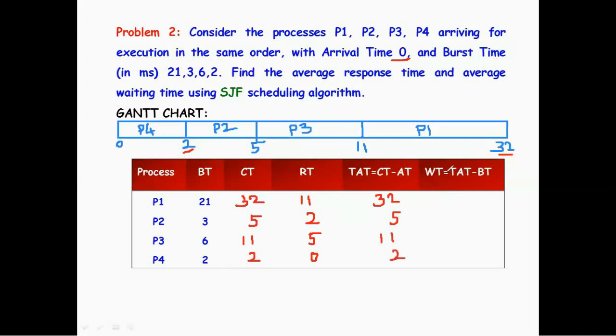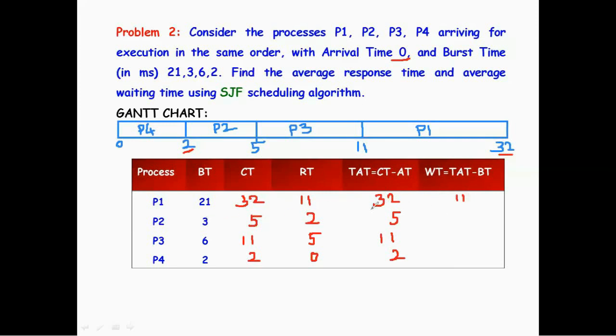Now let us compute the waiting time. Waiting time is equal to turnaround time minus burst time. So turnaround time for P1 is 32 and the burst time for P1 is 21. Hence waiting time for P1 is 32 minus 21, which is 11.